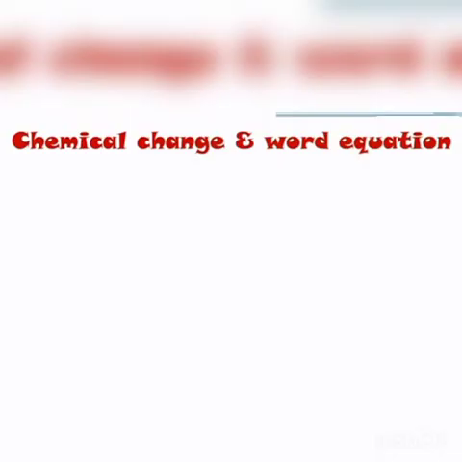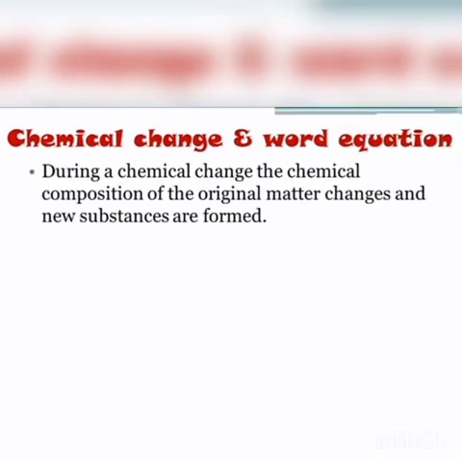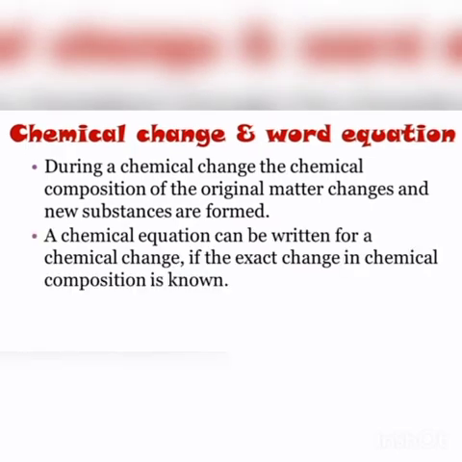Chemical change and the word equation, what does it mean? During a chemical change, the chemical composition of the original matter changes and new substances are formed. नवीन substance म्हणजे नवीन पदार्थ फॉर्म होतो chemical चेंजमुळे. A chemical equation can be written for a chemical change if the exact change in the chemical composition is known.